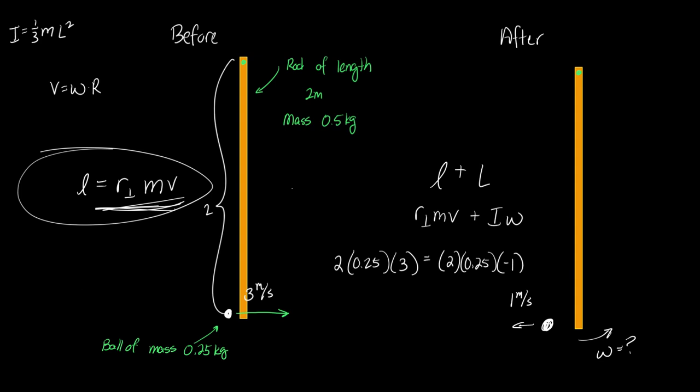So if you made the right positive, you're going to have to make the left negative. Plus I omega, well, this is a rod, 1/3 ml squared times omega. The rod has a mass of 0.5, has a length of 2. You put all that together, and you find that omega equals 3 radians per second.